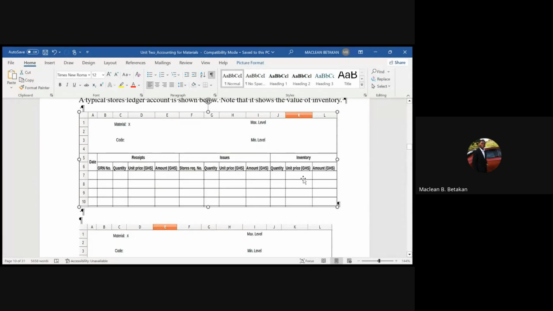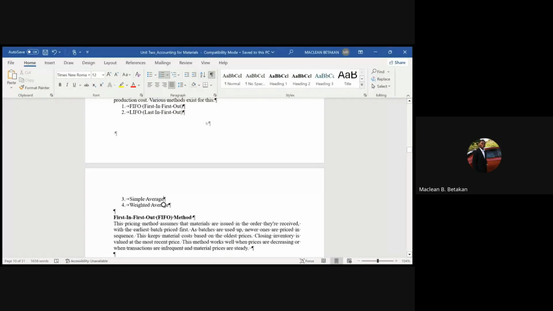Then here will be the inventory, so always be keeping the remaining balance. The opening balance will be in the inventory, so the quantity, which is 300, will be here, and the price, which is 22, will be here. When you multiply the quantity by the price, you get this amount, right? I know you know this already, so we can go forward.